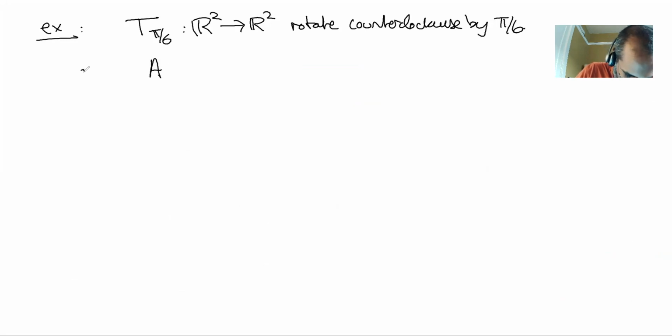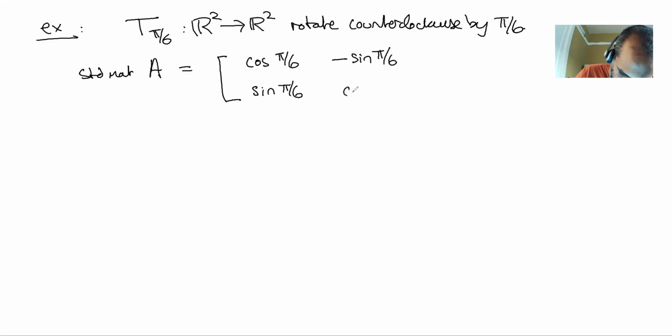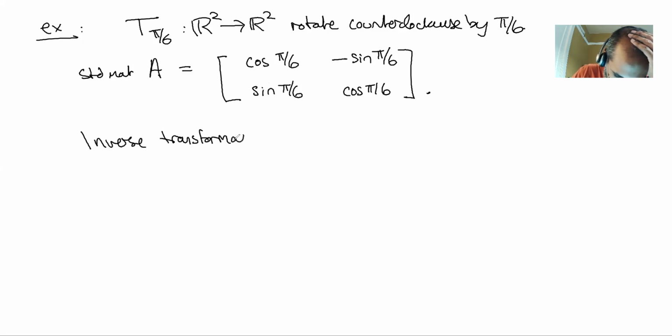Well, it has standard matrix A, which is cosine pi over 6, sine pi over 6, minus sine pi over 6, cosine pi over 6. We worked that out a few lectures ago. And now what's the inverse transformation? Well, that's rotation by minus pi over 6, right?